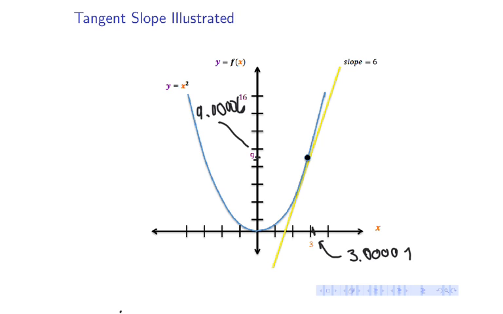In other words, if you took those two points that are so close, they're essentially the same point right here. If you draw a line connecting them, that line will have the slope of 6. And as we showed before, this slope is equal to dy/dx.